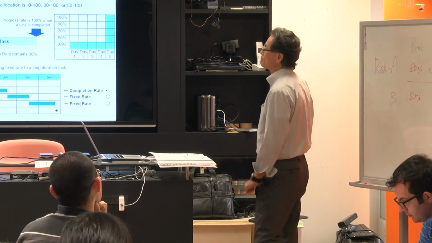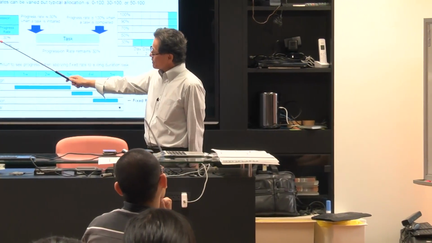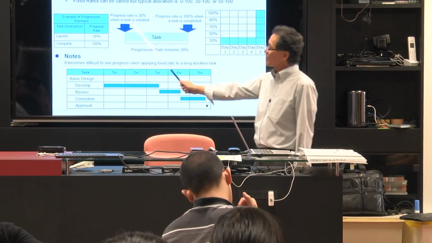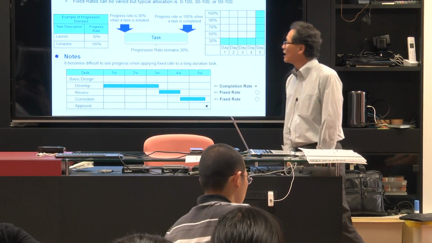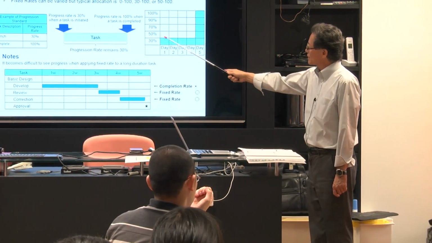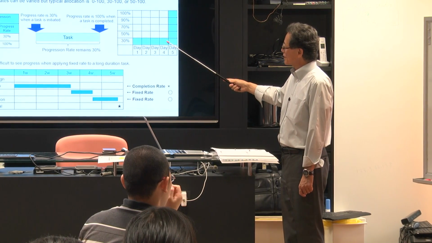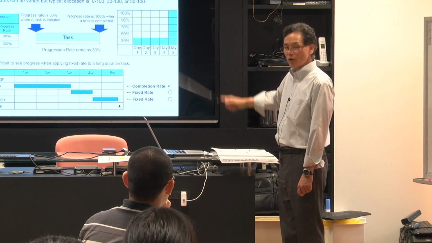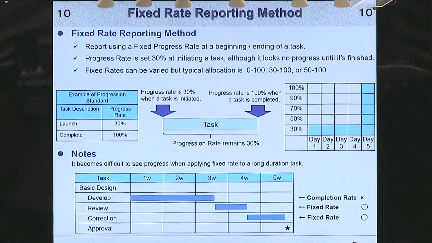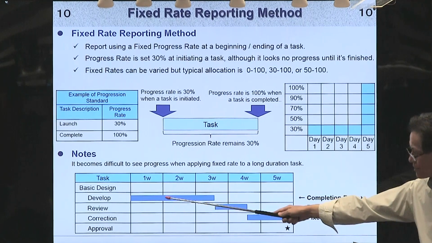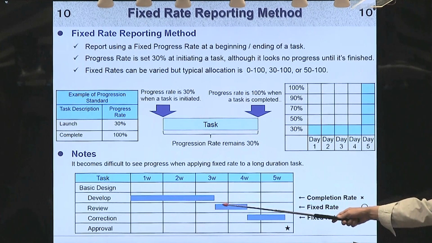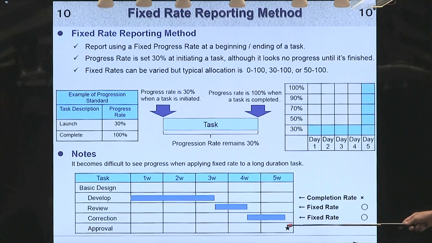Fixed rate. Once the task is started, you can predefine that it's 30%. Unless you complete it, it stays at 30 and then all of a sudden goes up. So 30% always, and at the last step, it goes up to 100.